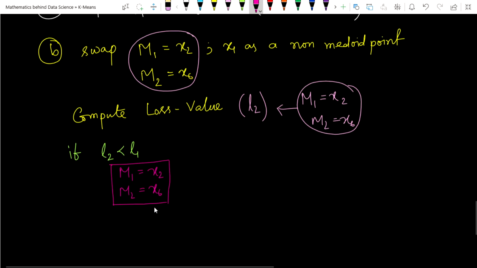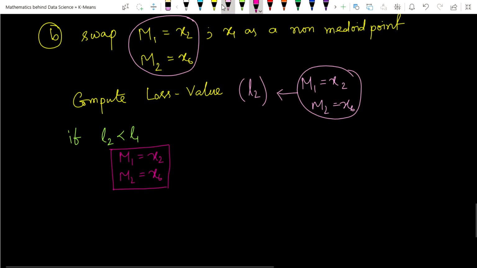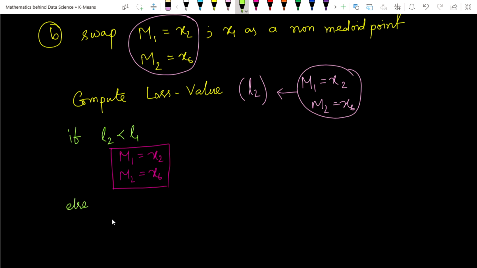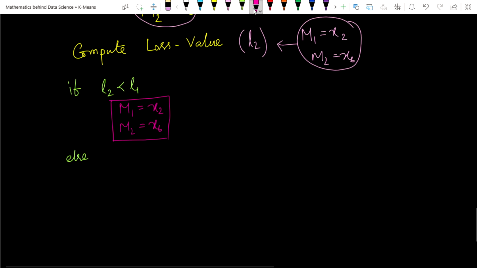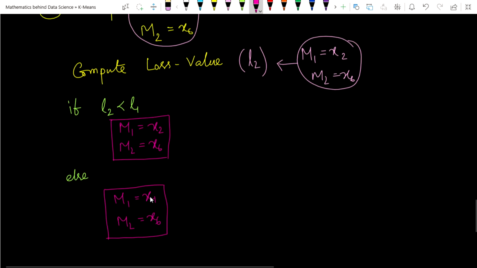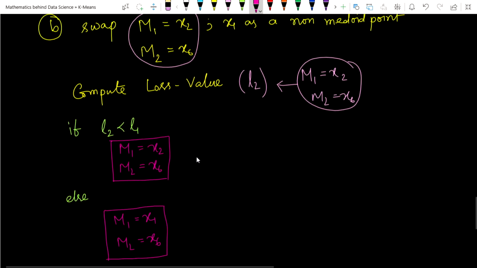Otherwise, what do we have to do? We will keep m1 the same as the previous x1, and m2 equal to x6. Okay, that's the job we have to do.